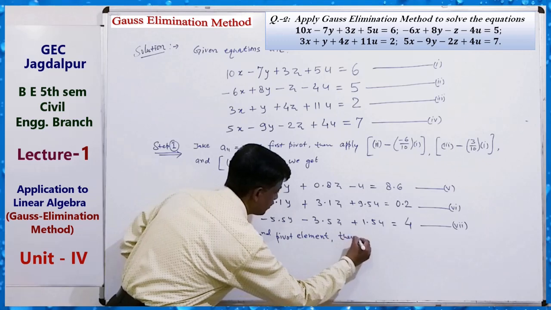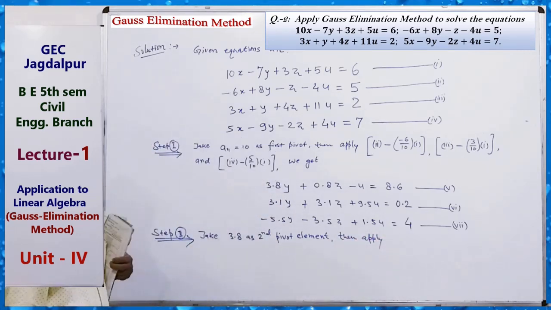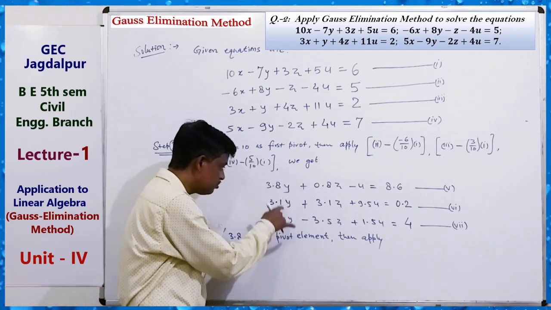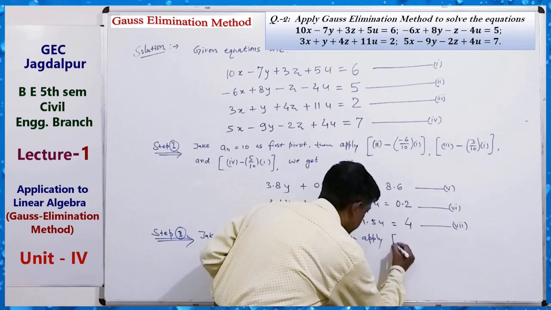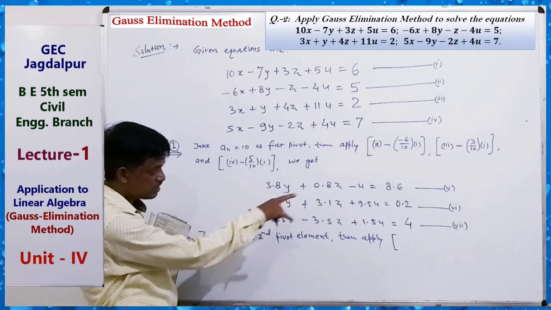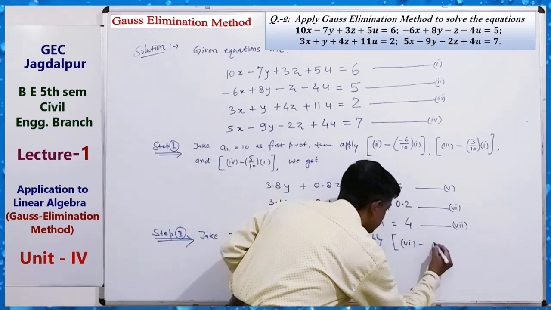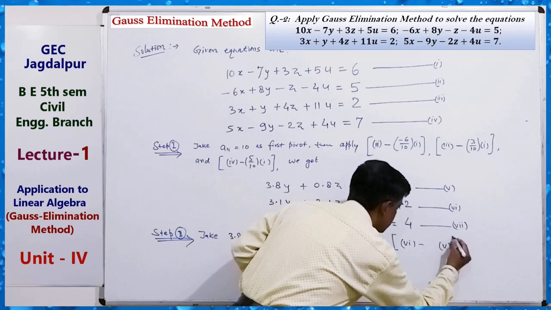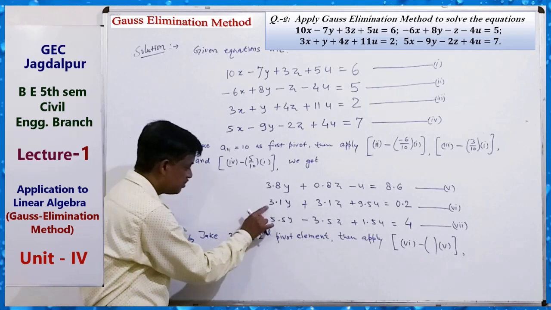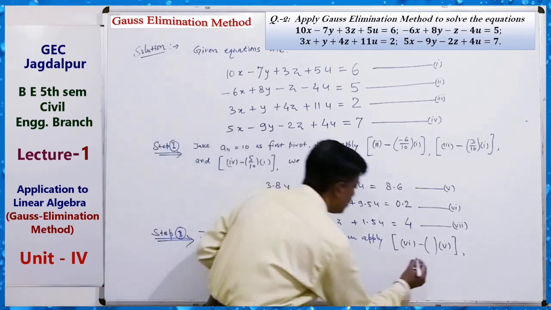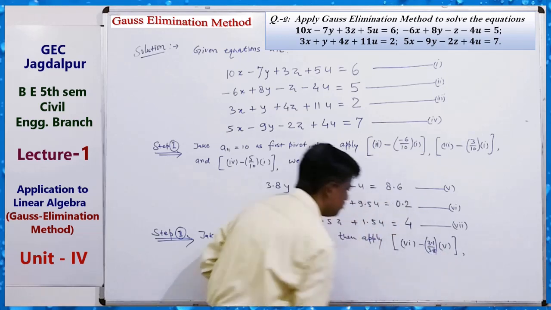Then apply. By using this you have to eliminate this, means make it 0. For that you can do equation 6 minus equation 5 of how many times? This by this, 3.1 by 3.8, same method.